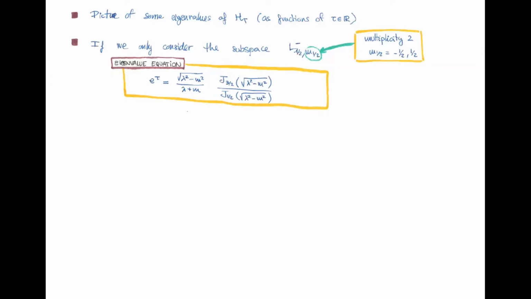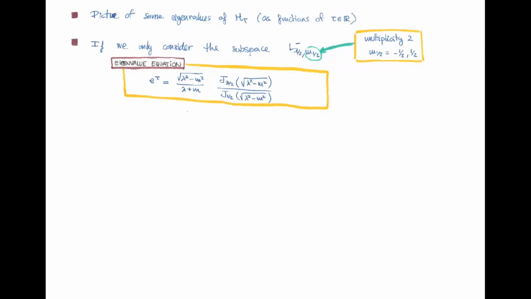If you take these indexes and write your equations, you end up with this eigenvalue equation, in which you have the Bessel functions involved, here you have lambda, which is the eigenvalue, and here you have tau, which is your parameter.